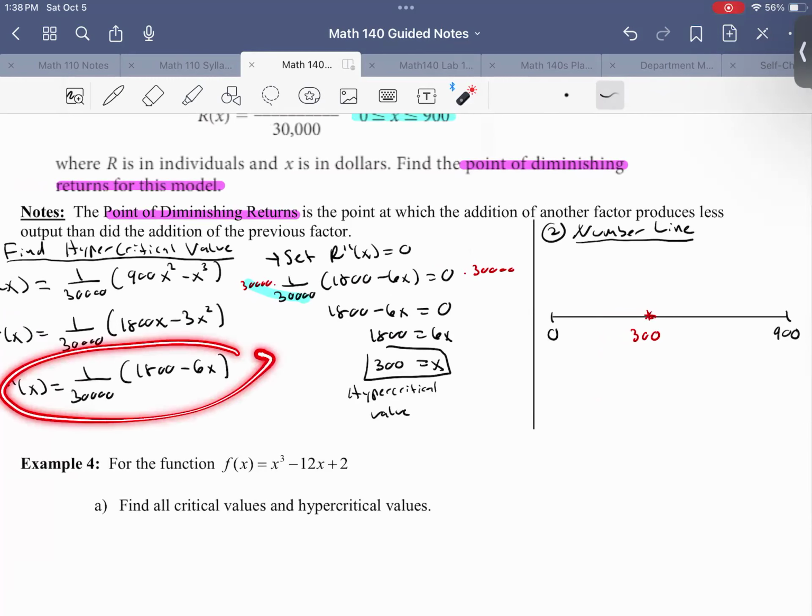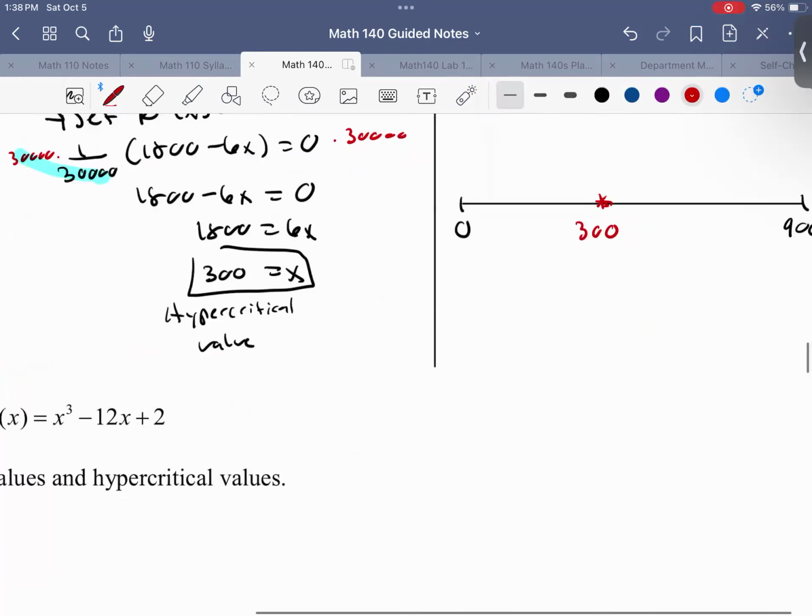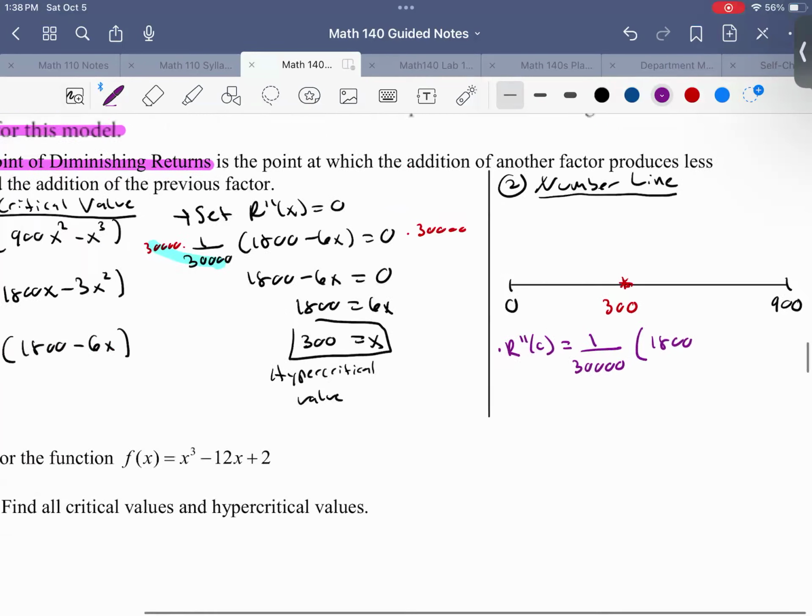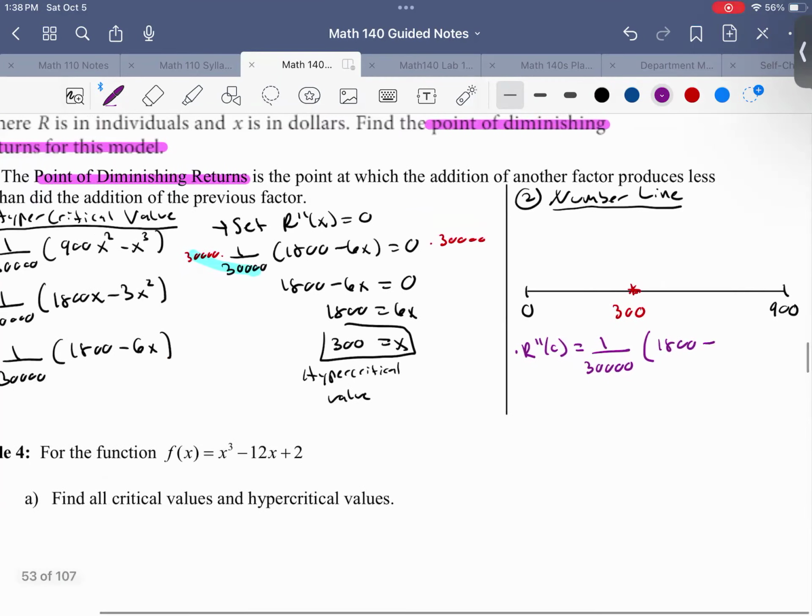So I'm going to plug in 0. Our second derivative of 0 is 1 over 30,000 times 1800 minus 6 times 0.